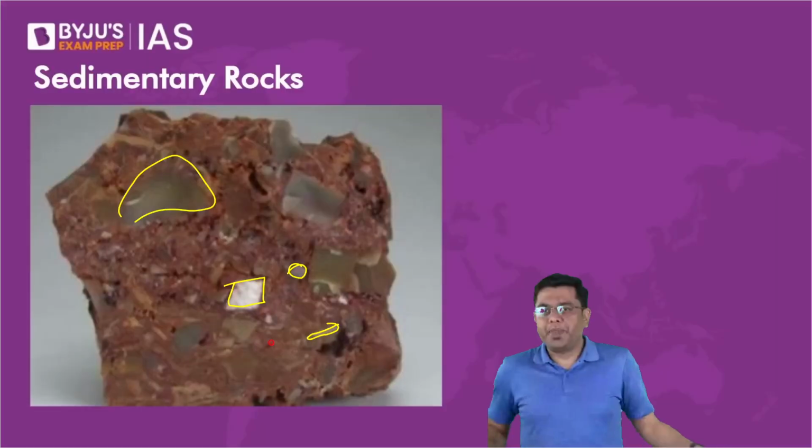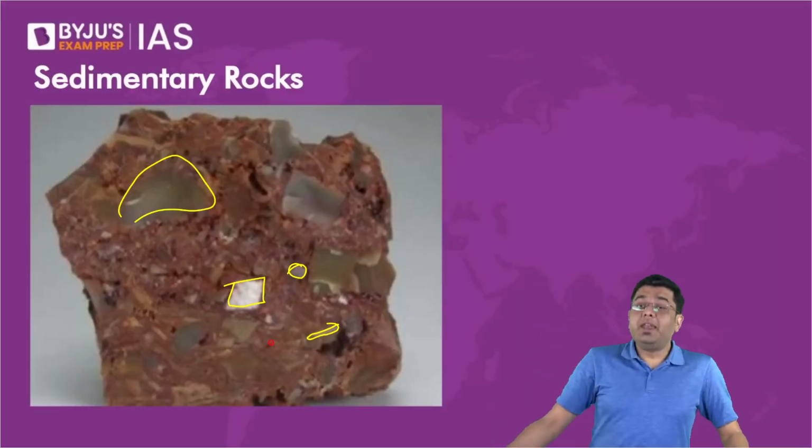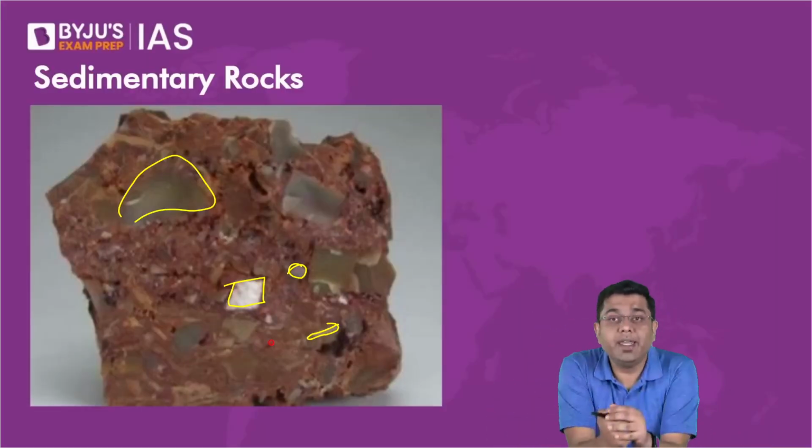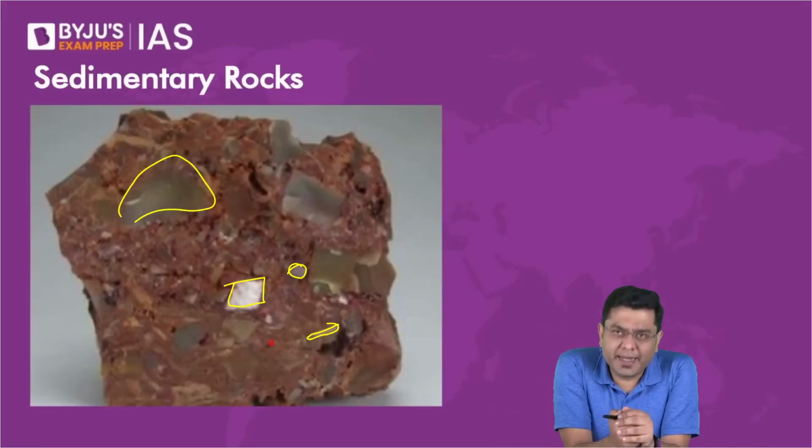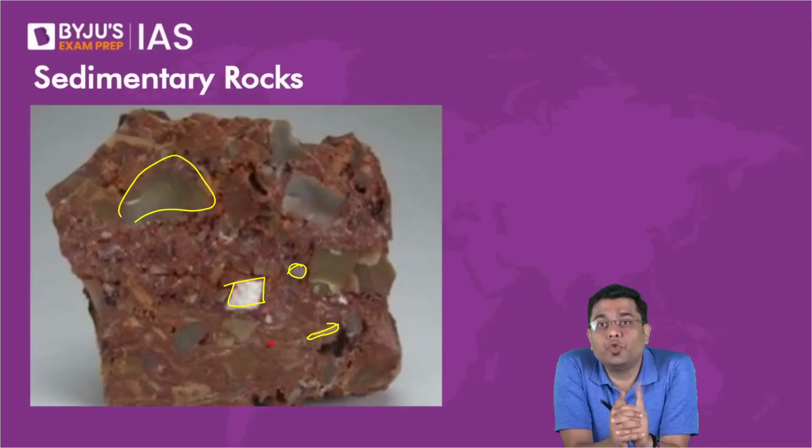That is why, whenever you observe in history, art and culture, you study the portion of Mughal architecture. I'm sure you would have covered the portion of history already. Now, the majority of the architectural buildings constructed by the Mughals, be it the Agra Fort, the Red Fort, the Fatehpur Sikri or Akbar's tomb at Sikandra, you will find are dominated by red sandstone, which is a sedimentary rock.